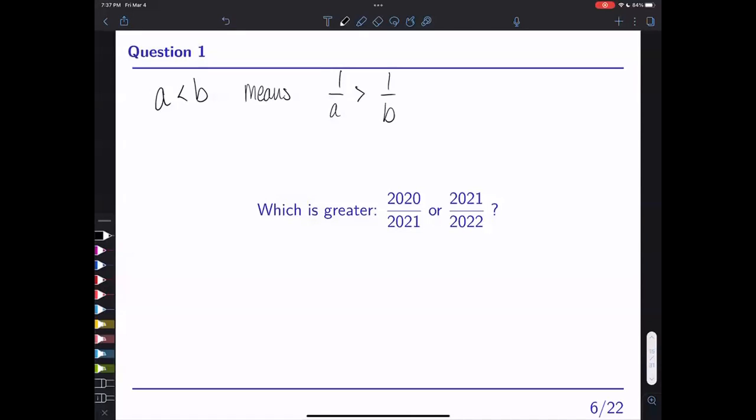Basically, what I did is I looked at both fractions. So 2020 over 2021 and 2021 over 2022. And I could immediately look at 2021 over 2022 because there's a bigger numerator and a bigger denominator than 2020 over 2021.